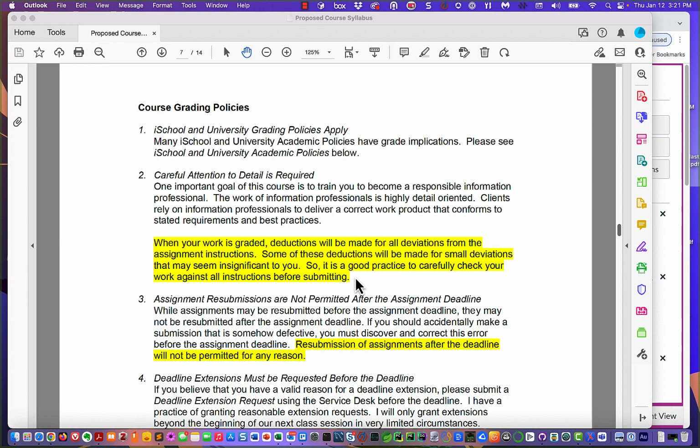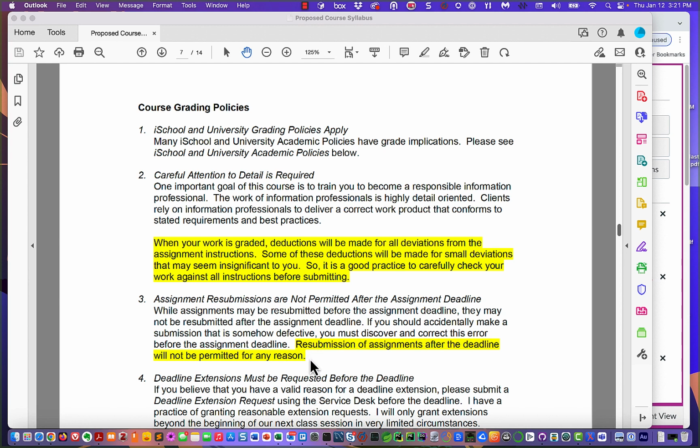So before you hand in your work, reread the instructions, reread the grading rubric, and make sure you haven't left any points on the table. Some people who are not used to being detail-oriented miss some things and leave points on the table.